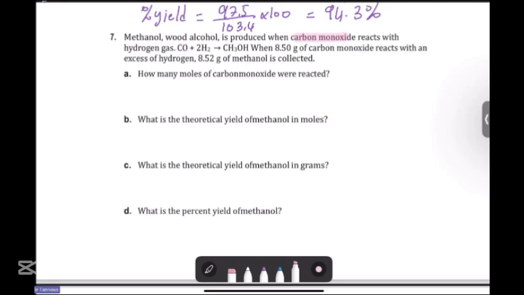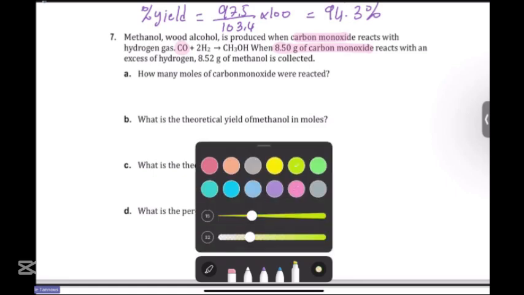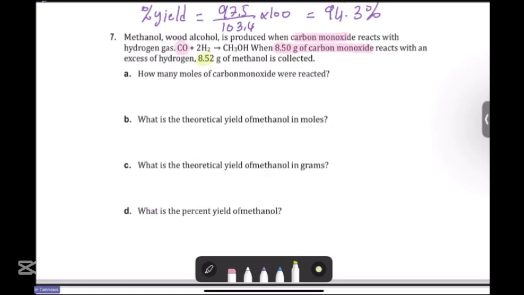Now, it's saying that 8.5 grams of carbon monoxide, that's a given reactant, react with excess hydrogen, and 8.52 grams of methanol is obtained. So that's the actual yield. So here, the actual yield. So the question, they break it into parts.